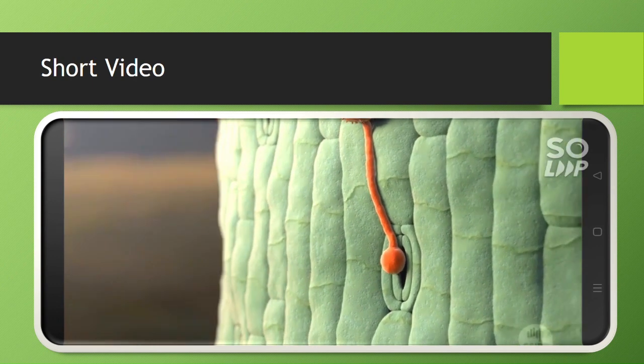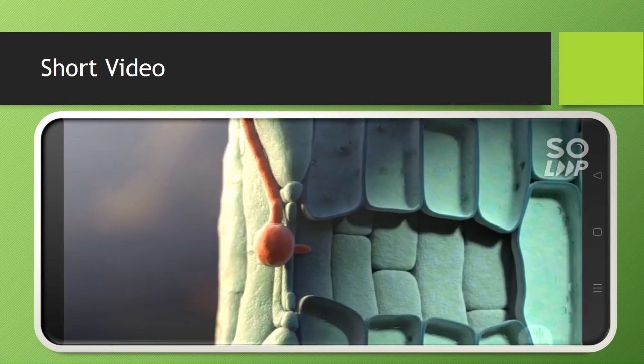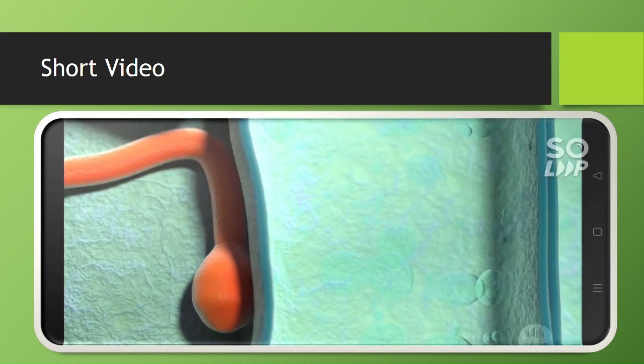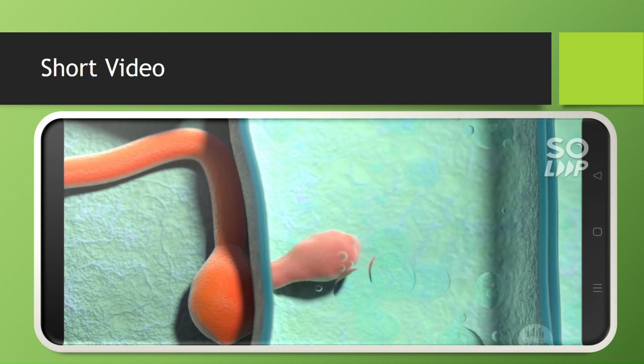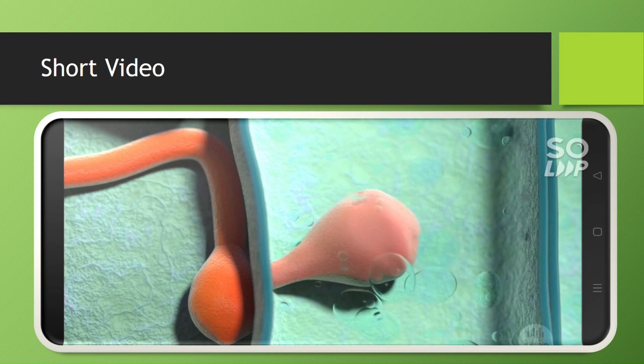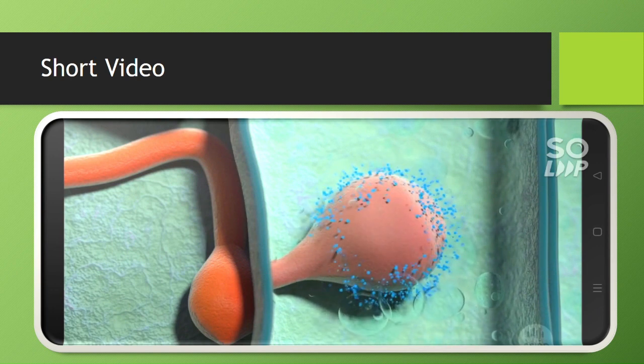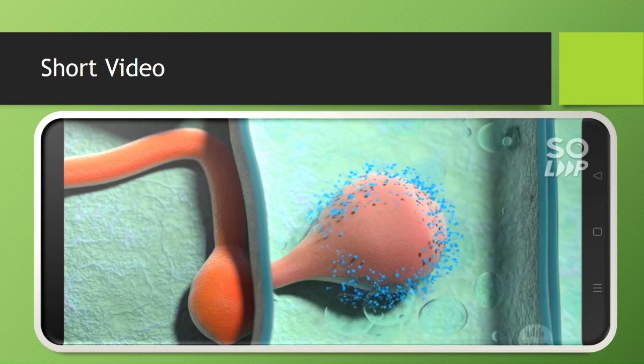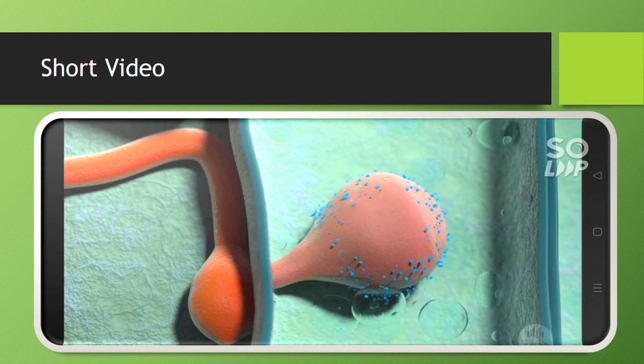A newly formed penetration tube breaks inside the stem, and the fungus extends further into the plant. Once inside the stem, another structure, called the haustorium, is used to penetrate inside one of the plant's cells. The fungus can now take nutrients from within the plant.